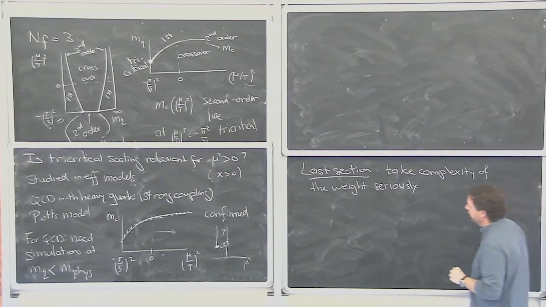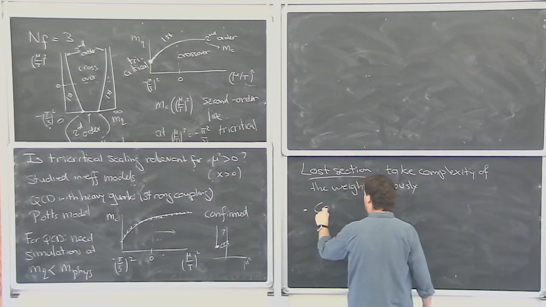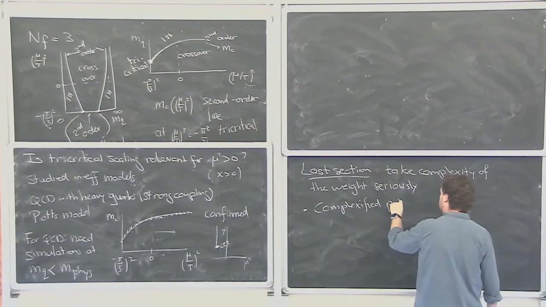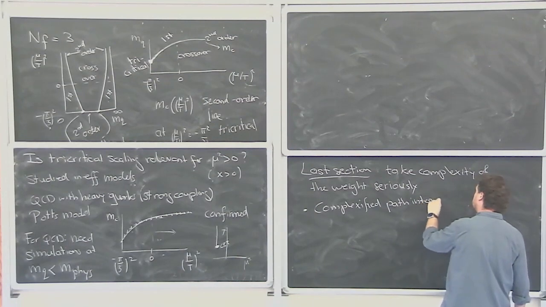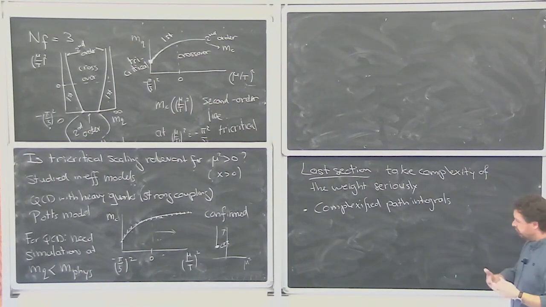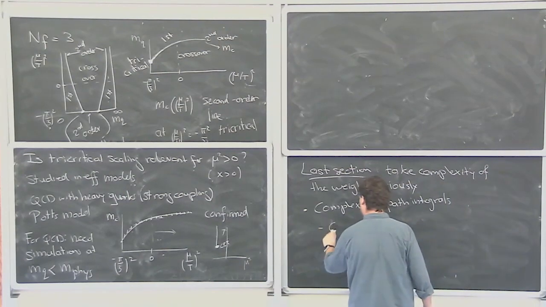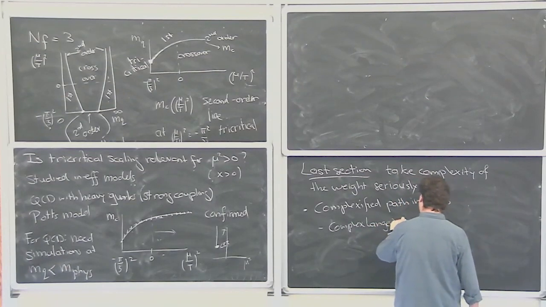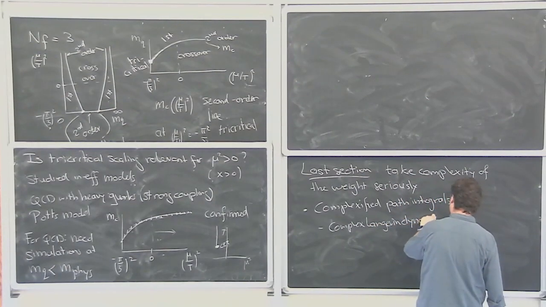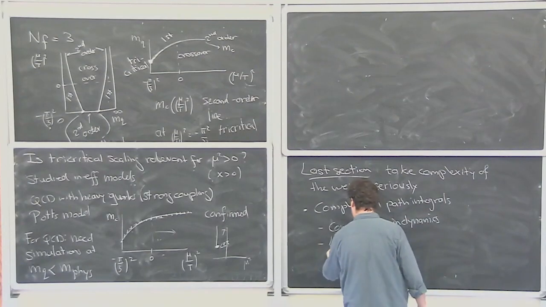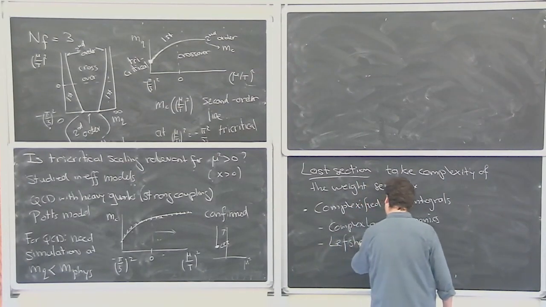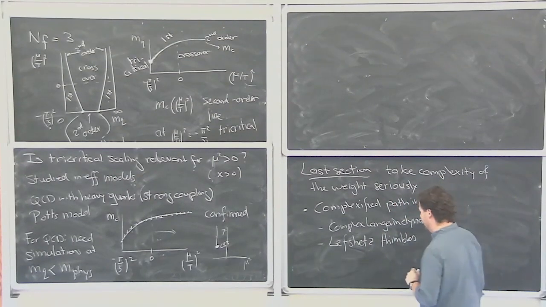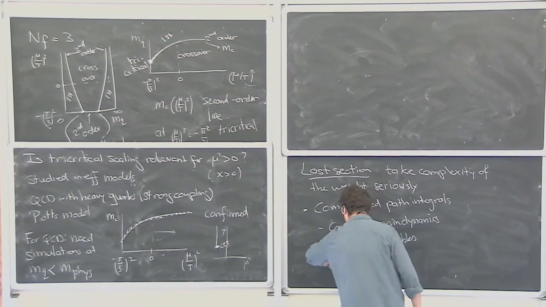We're going to think about the path integral in complexified spaces. There are a number of approaches related to this. One is complex Langevin dynamics. Then we have something called the Lefschetz thimble. And we have something called holomorphic flow, anti-holomorphic flow.